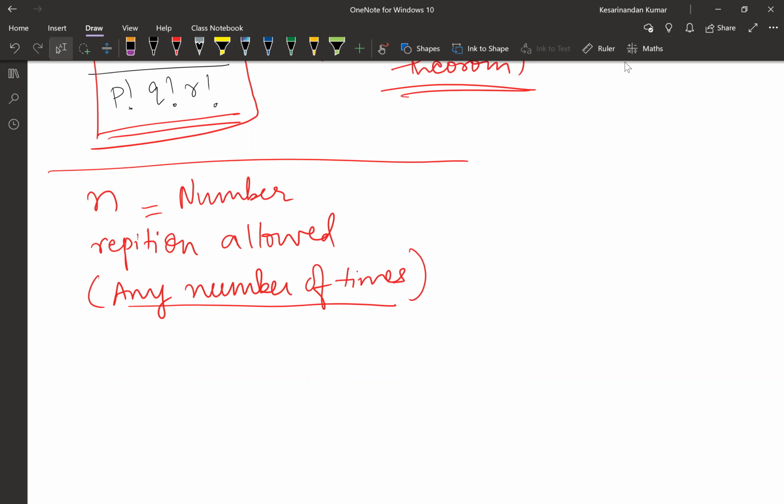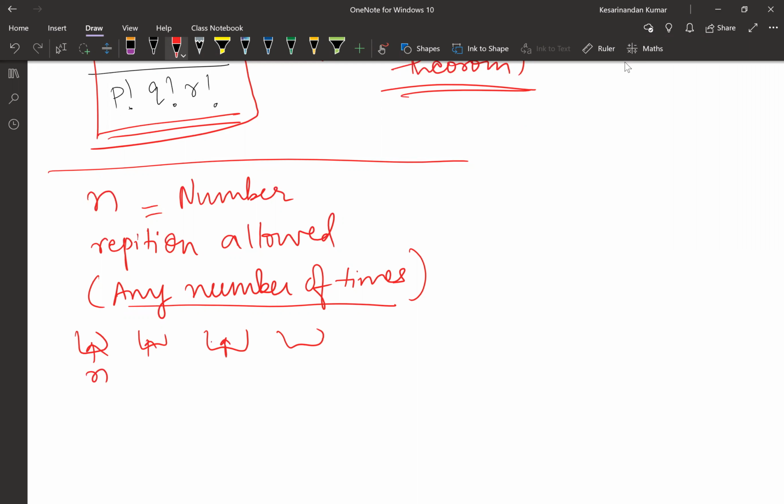So let's say, using this from the nPr formula, there are various different boxes given: first box, second box, third box.